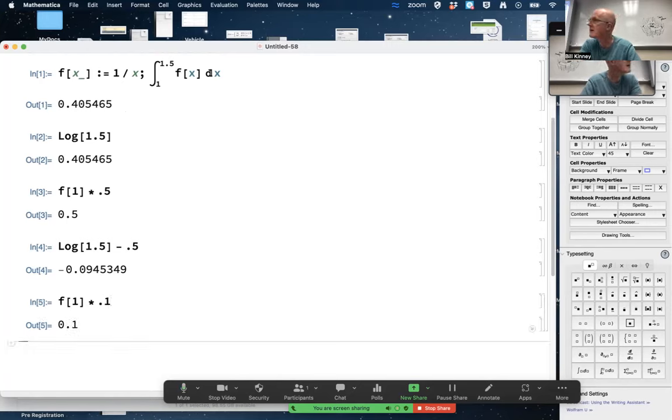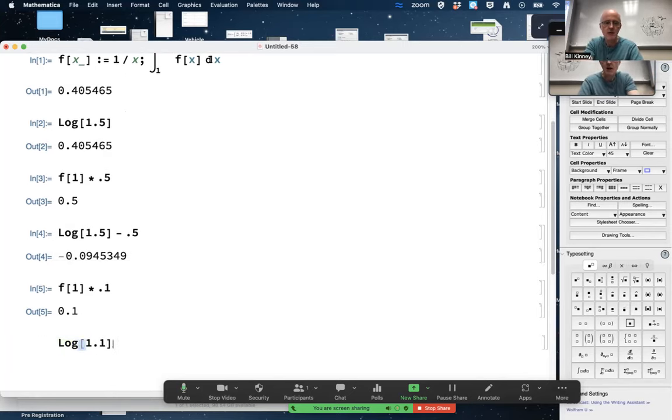That would be the left-hand approximation, the area of a skinny rectangle approximating the area under the 1 over x graph from 1 to 1.1. That's supposed to be an approximation for log of 1.1.